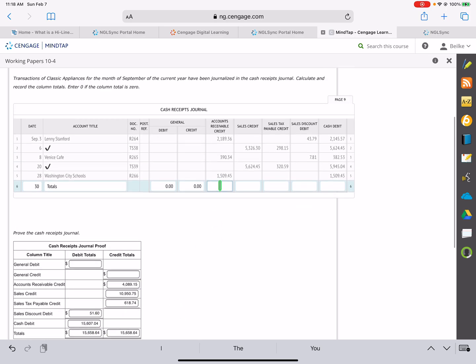So we're going to plug these in here. Our accounts receivable credit should be $4,089.15. Our sales credit should be $10,950.75. And again, we're just using the numbers from down here because we proved that this journal should be correct.